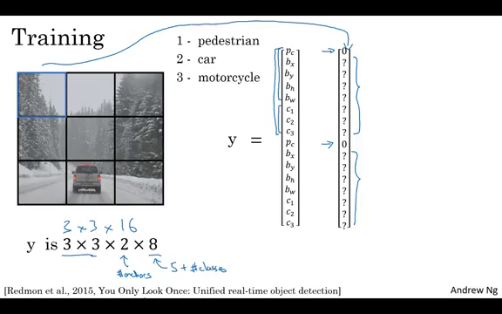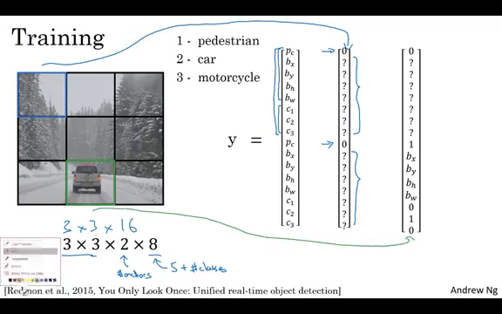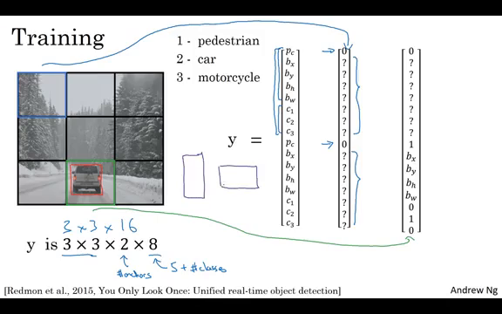Now, most of the grid cells have nothing in them, but for that box over there, you would have this target vector Y. So assuming that your training set has a bounding box like this for the car, it's just a little bit wider than it is tall. And so if your anchor boxes are that this is anchor box 1, this is anchor box 2, then the red box has just slightly higher IOU with anchor box 2, and so the car gets associated with this lower portion of the vector.